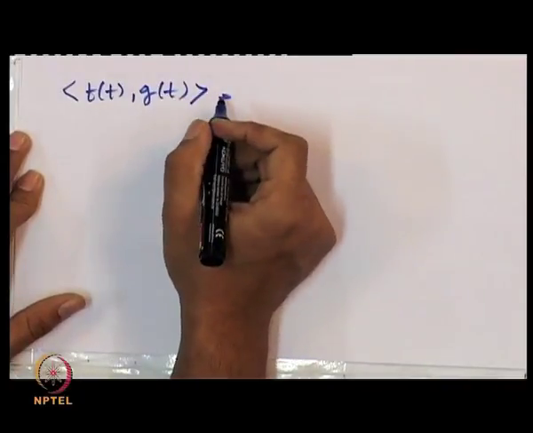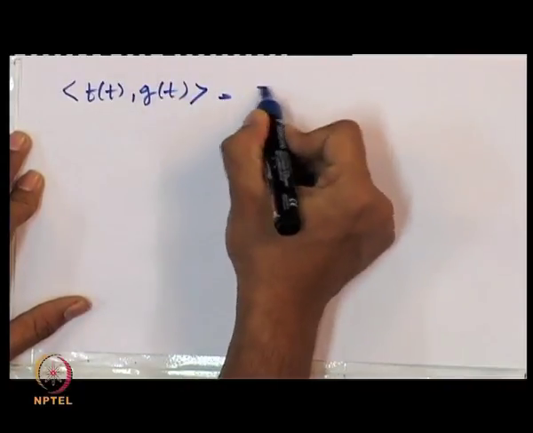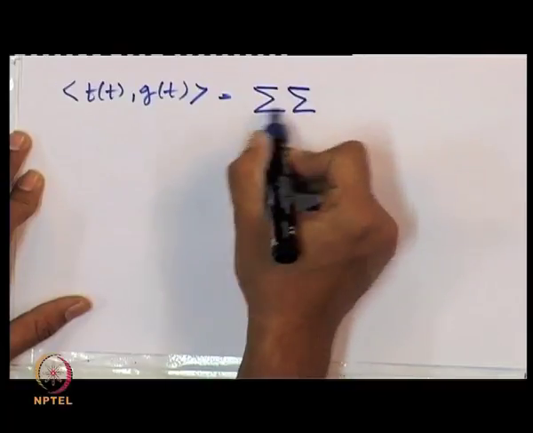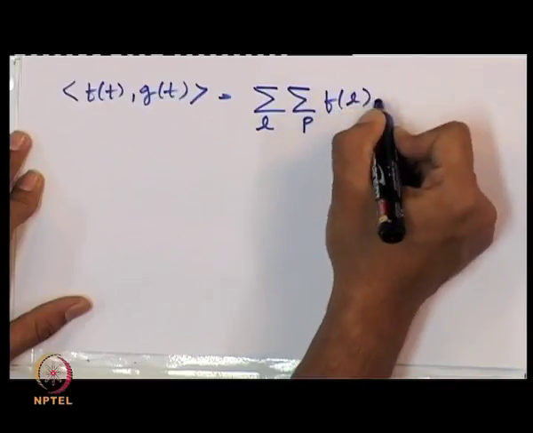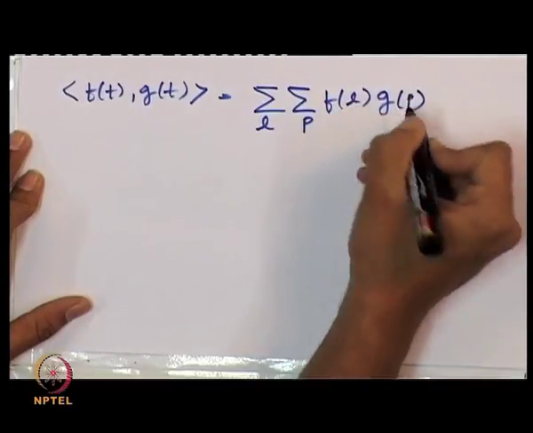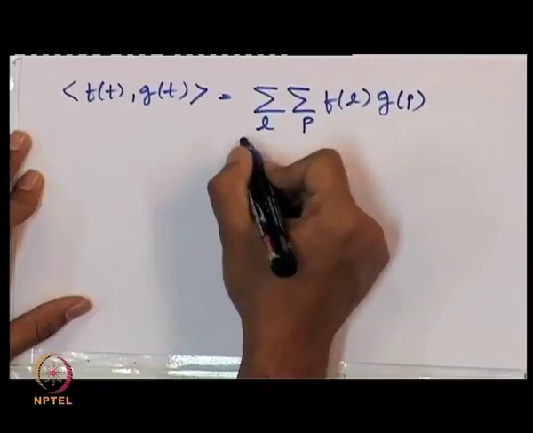We will take Fl and Gp common, and it results in a double summation of Fl Gp, and the resulting integral.